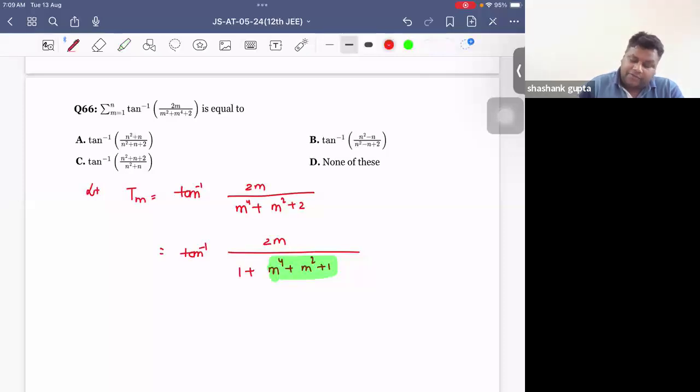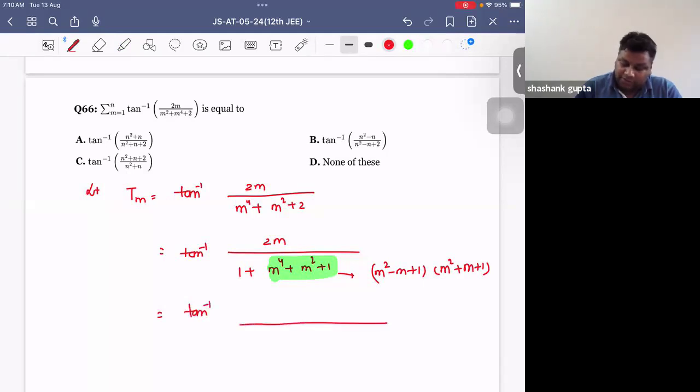We are already aware that its factors will be m square minus m plus 1 into m square plus m plus 1. Yes or no? So it can be written as tan inverse of 1 plus (m square minus m plus 1) into (m square plus m plus 1).